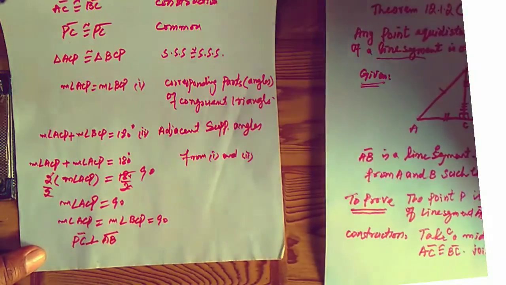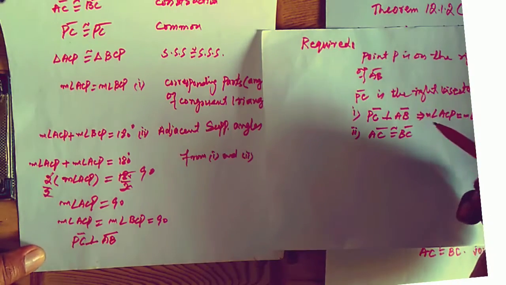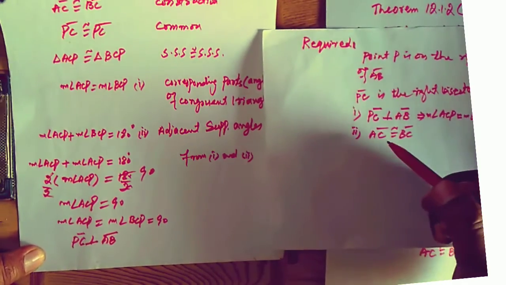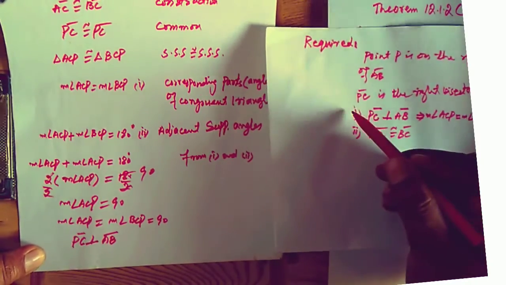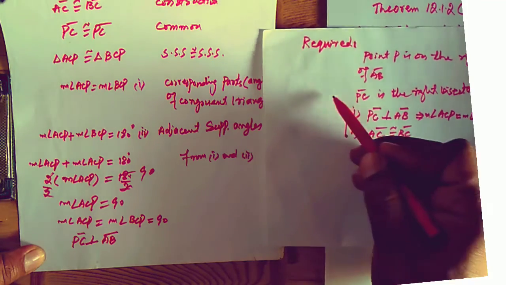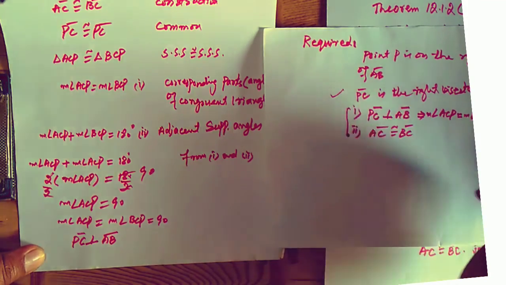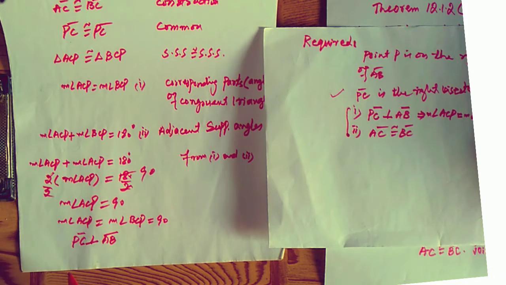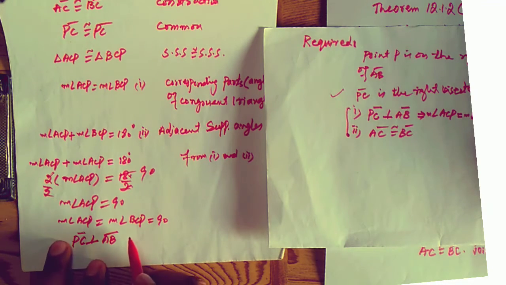According to the requirement, we need PC perpendicular to AB and AC congruent to BC. With the help of these two factors, we make this statement: PC is on the right bisector, which is equation 3.